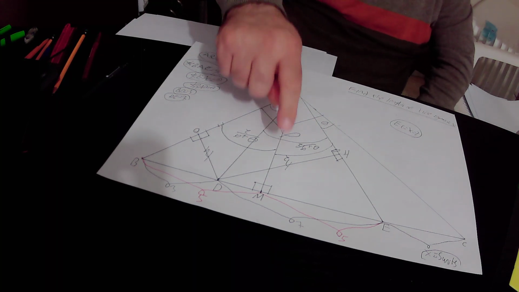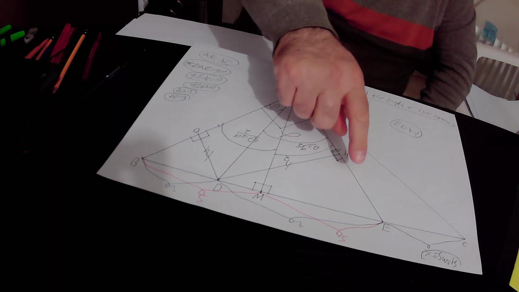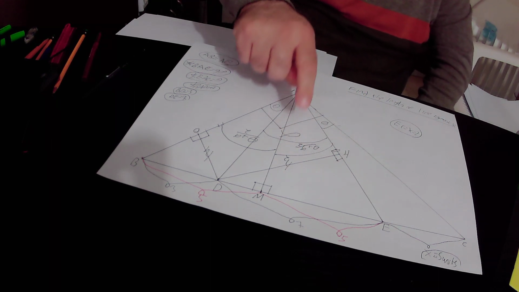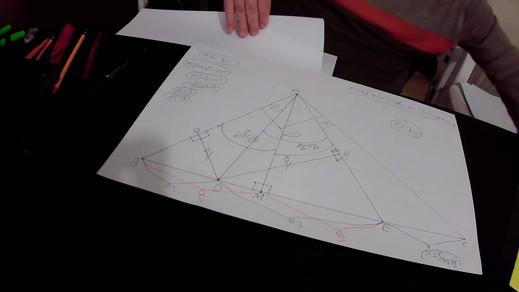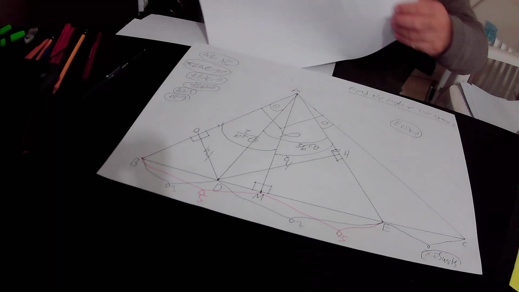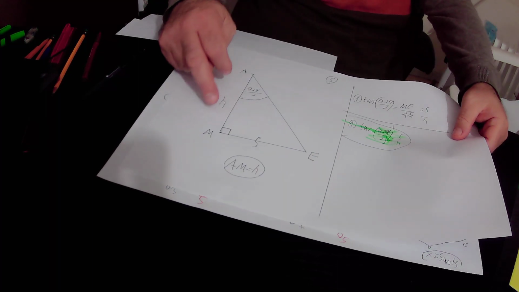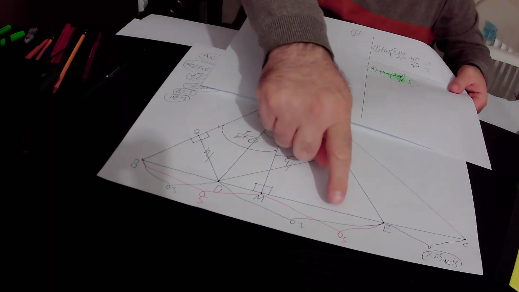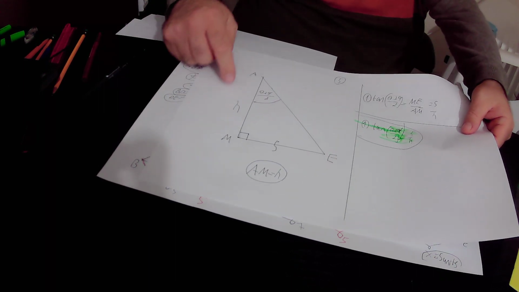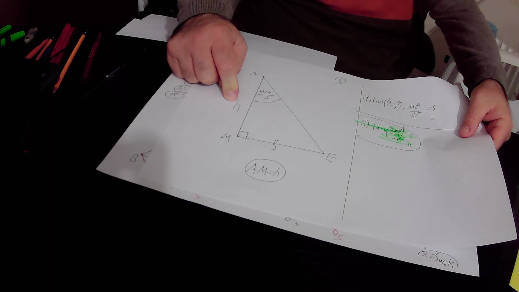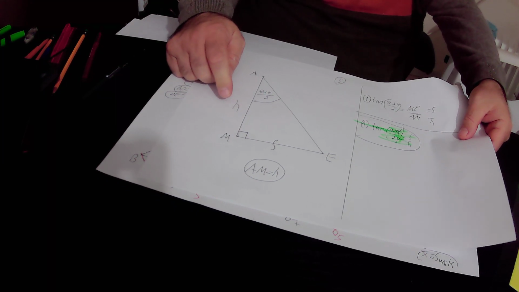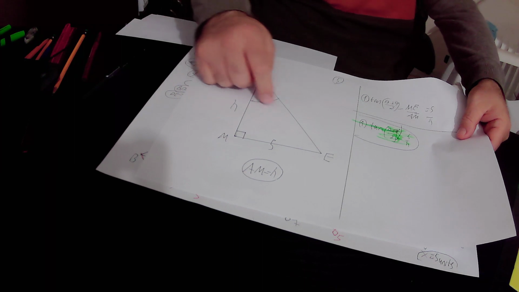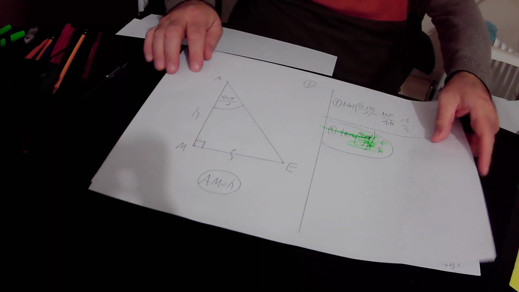Then I copied the right triangle MAE in a new page, and we analyzed the right triangle AME. We have already found out that ME equals 5 units. AM is equal to h according to our definition. And we just found out that angle MAE is equal to (theta plus alpha) over 2.